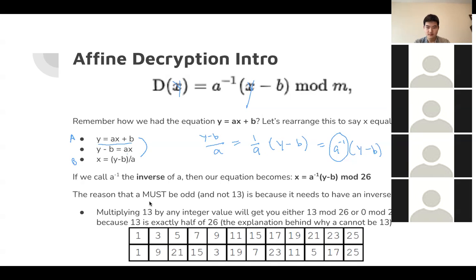Because if we need a to multiply with its inverse to give us 1 mod 26, if you divide something by 26 and it gives a remainder of 1, that something has to be an odd number because any multiple of 26 has to be even. And if you add 1 to a multiple of 26, which is what 1 mod 26 means, it has to be an odd number.